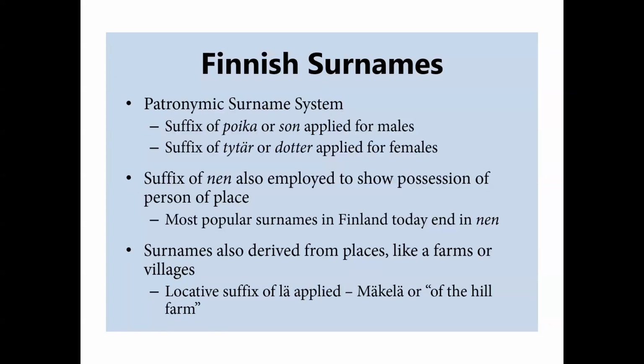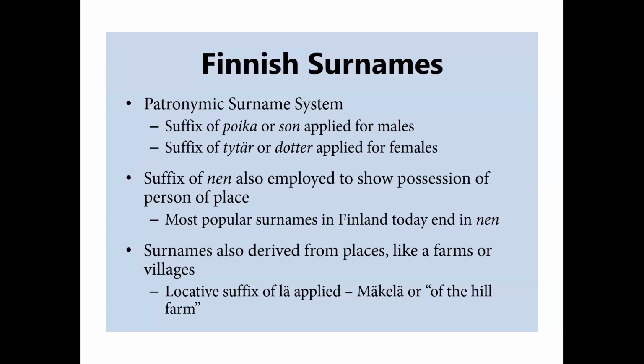So in some places you will see son and daughter, generally in Western Finland, but you will also see poika for son and tytär, which is a suffix meaning daughter. You will also see the suffix nen, and the most popular surnames in Finland have nen, and it shows possession of sometimes a person or a place.